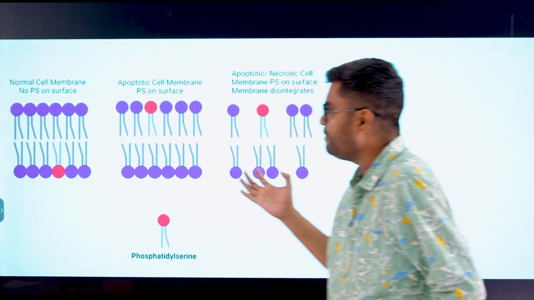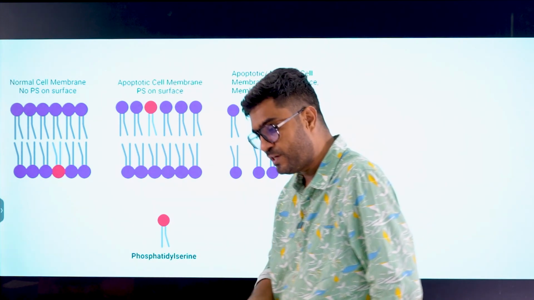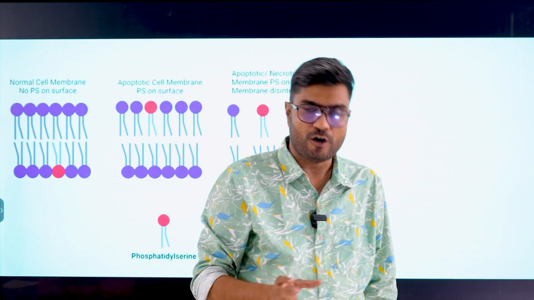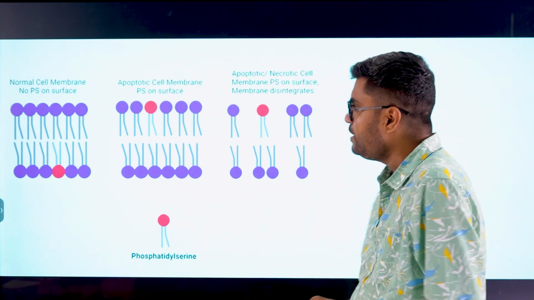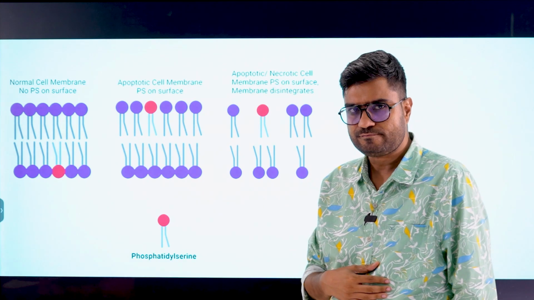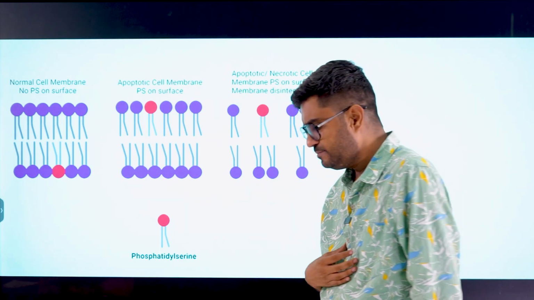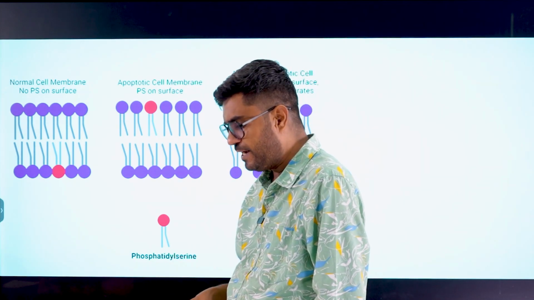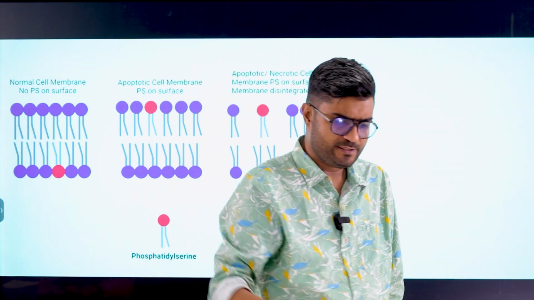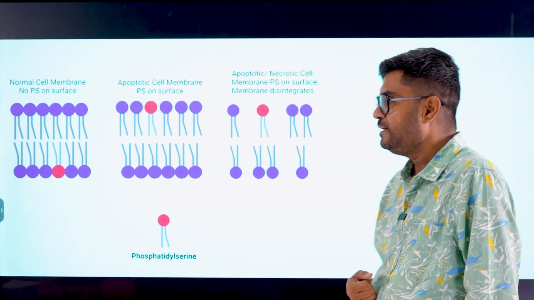This step-by-step manner of apoptosis is advantageous for us when we want to understand whether apoptosis is occurring or not. How? We have a molecule called Annexin 5, which we can label with a fluorescent dye. Let's say we have labeled the Annexin 5 with FITC, the name of the dye which gives us green fluorescence.